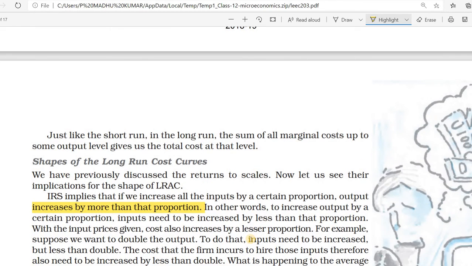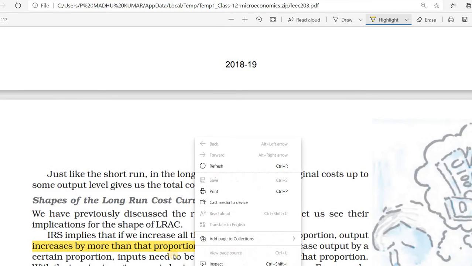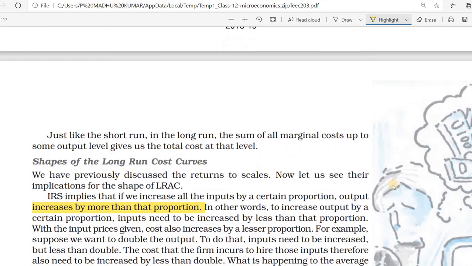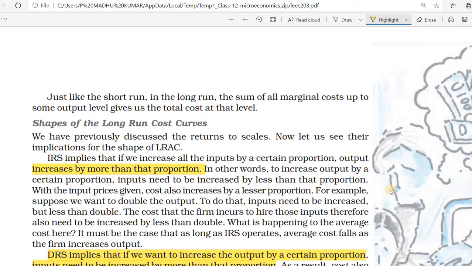Now we can study the long run cost curve. We know that in the long run, increasing returns to scale, decreasing returns to scale and constant returns to scale are there. Three types of scales are there.